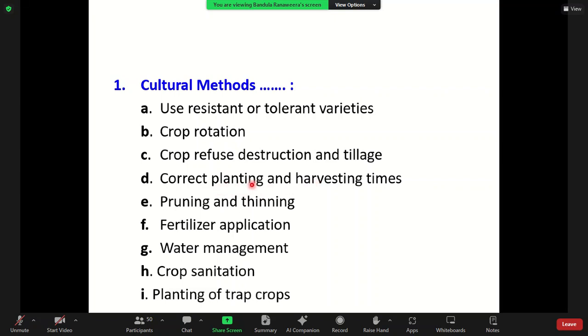If we establish the crop at the correct time, the crop plants will have good vigor and immunity. When we harvest also, we need to harvest at the correct time. That is also a possible method of disease management. Those are normal cultural practices.